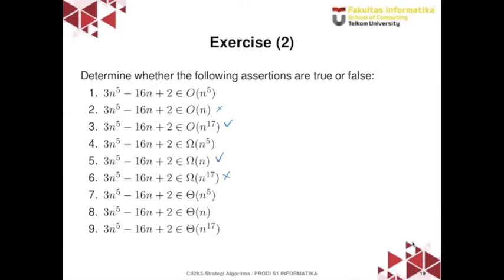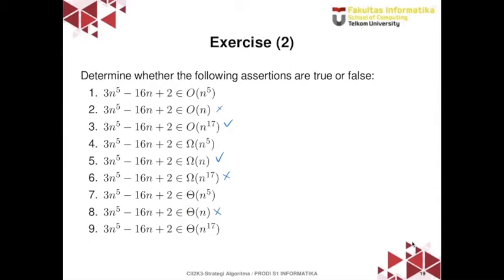For theta, remember that a function is in theta fn if it is in big O fn and in big omega fn. Here, because it is not in big O n, we can say that it is not in big theta n.